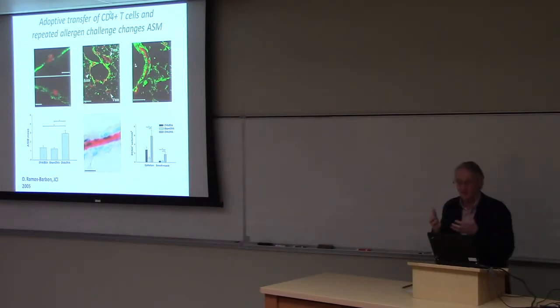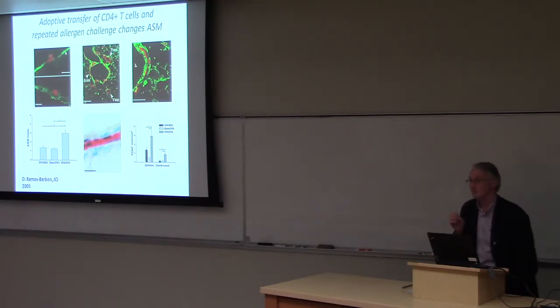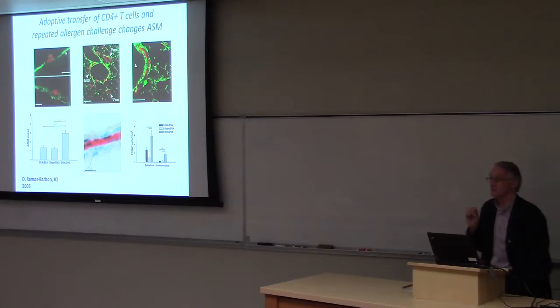So the animals that were challenged were actually naive, but they were given T cells from a sensitized donor animal. Now the pictures here show you a muscle cell, shown in green. And the T cell is shown in red, and this is a T cell sitting right on the muscle cell. So in this animal as well, you can find T cells in intimate contact with muscle.